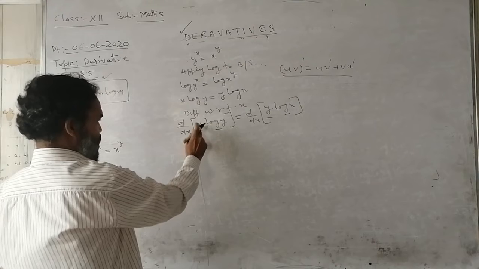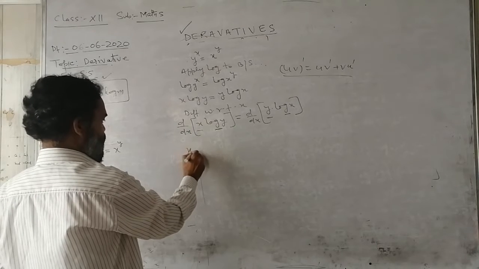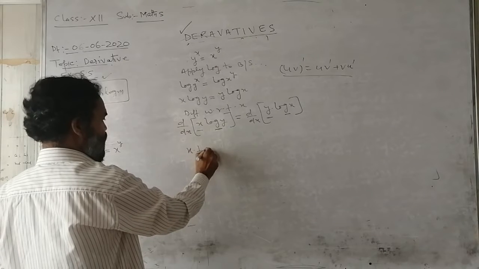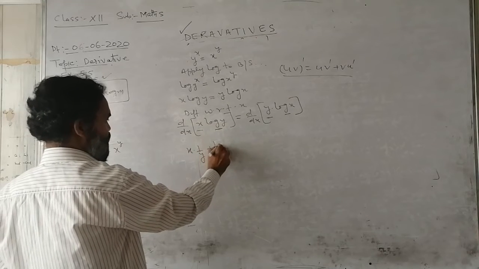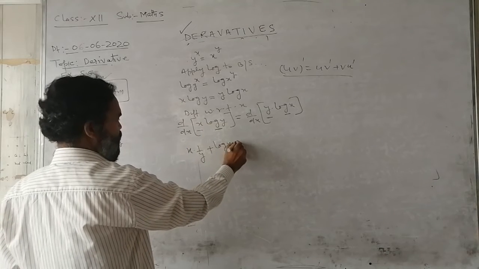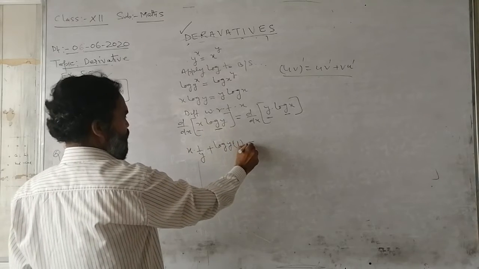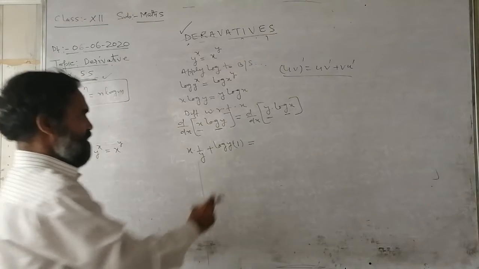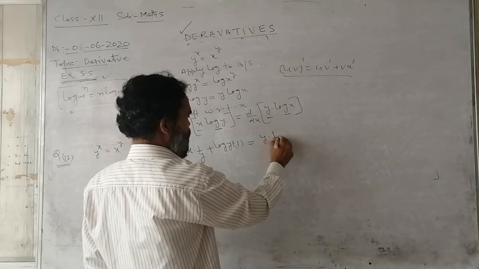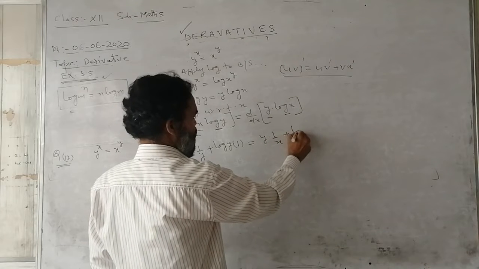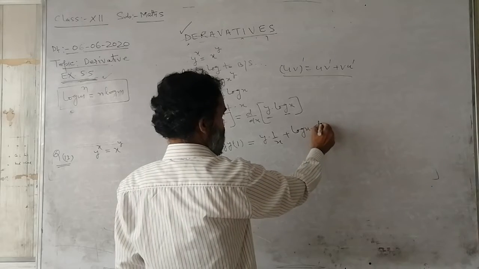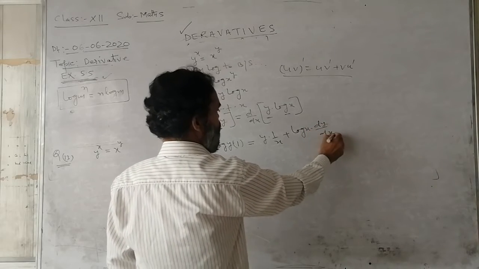So this will be first into derivative of second, that is 1 upon y, plus second into derivative of first, that is 1, equals to, here first function into derivative of second plus second into derivative of first, that is dy upon dx.